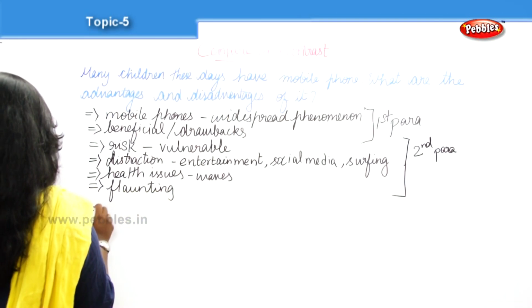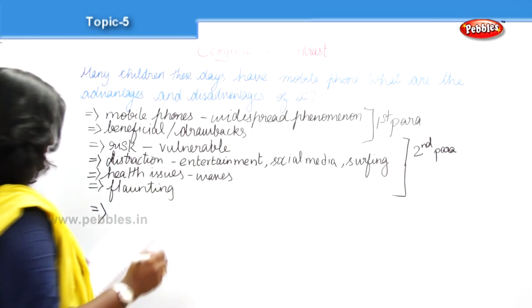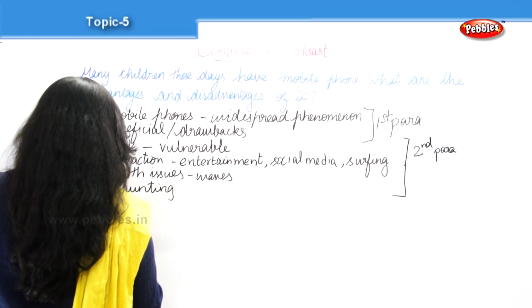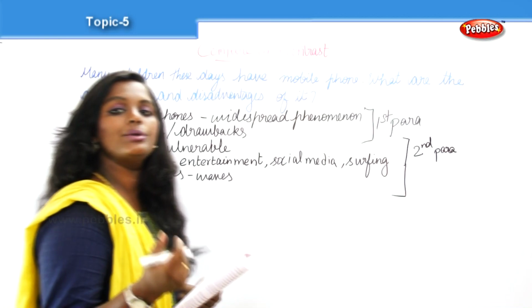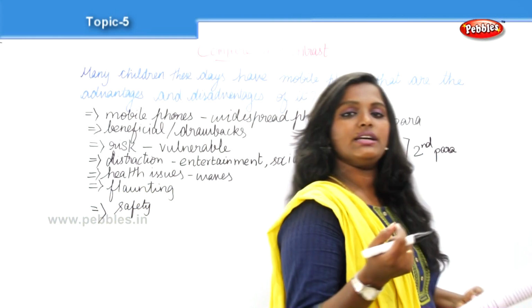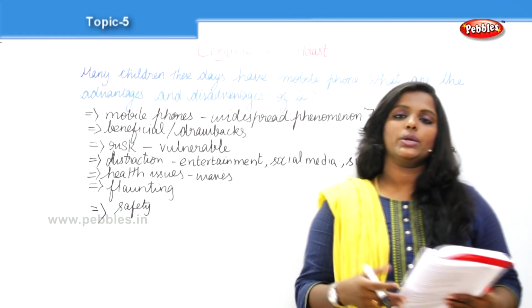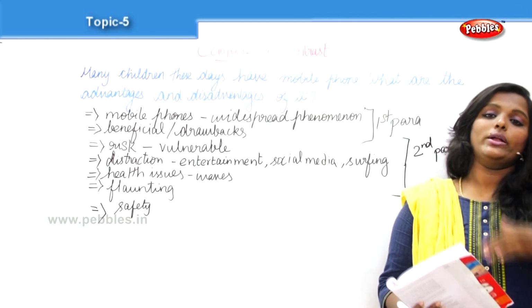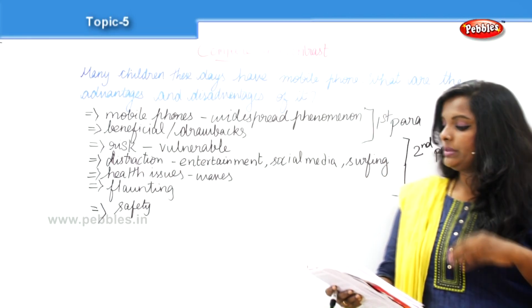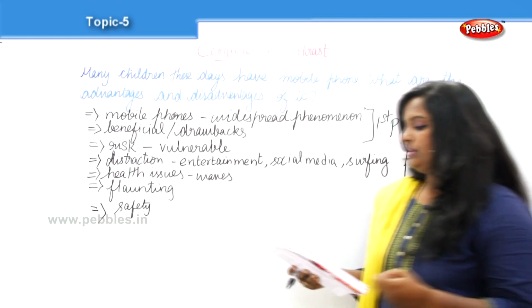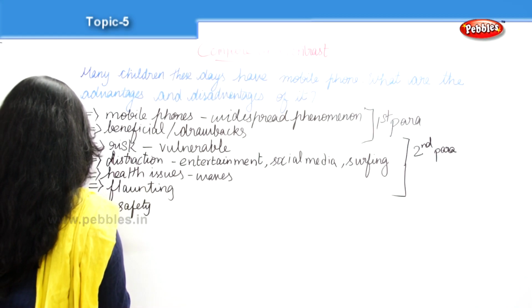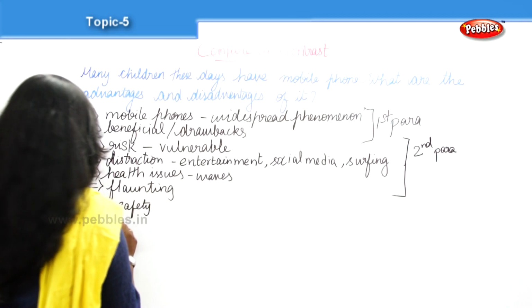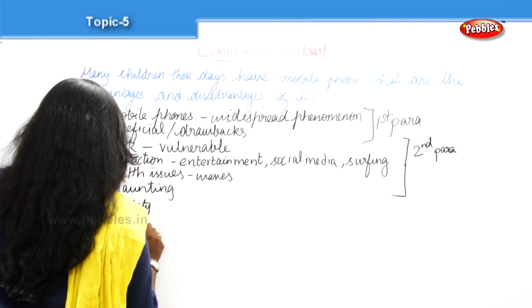Moving on to the positive points: safety. When your kid has a cell phone with him or her, that helps us in many ways, like frequent contact when the child is not at home or when you are not at home. The benefit is that when every child has a cell phone, in case of emergencies, it is beneficial. Sometimes they become tech savvy.